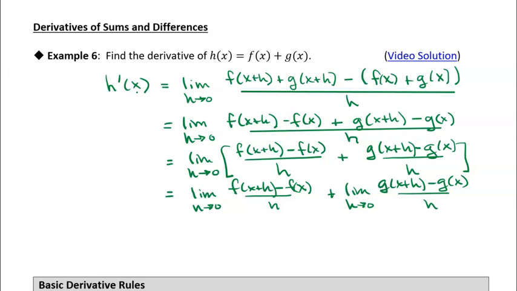Just by the limit laws. And now you can see we basically have two derivatives, right? We have f prime of x plus g prime of x.